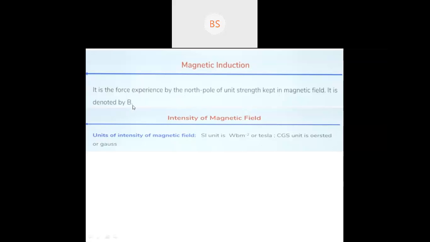It is denoted by B. So magnetic flux density is denoted by B, the intensity of magnetic field. What is the unit of it? The unit of the intensity of magnetic field is Tesla. Have you heard about this? Tesla, and the CGS unit is Gauss. Or you can say Wb per meter square, and the CGS unit is Oersted or Gauss. So this is the unit of the intensity of a magnetic field.